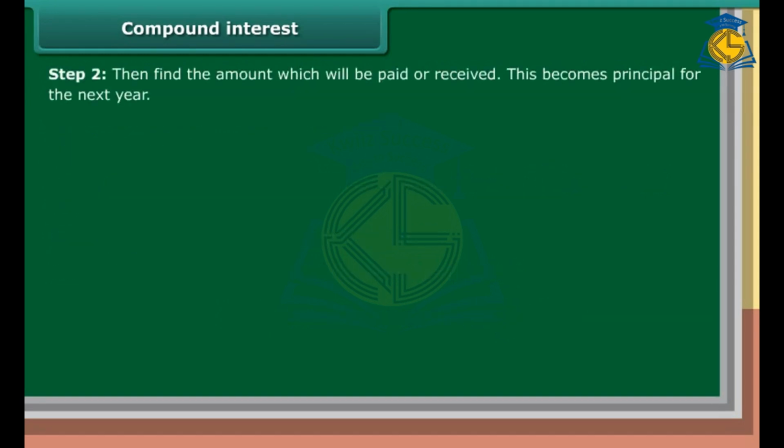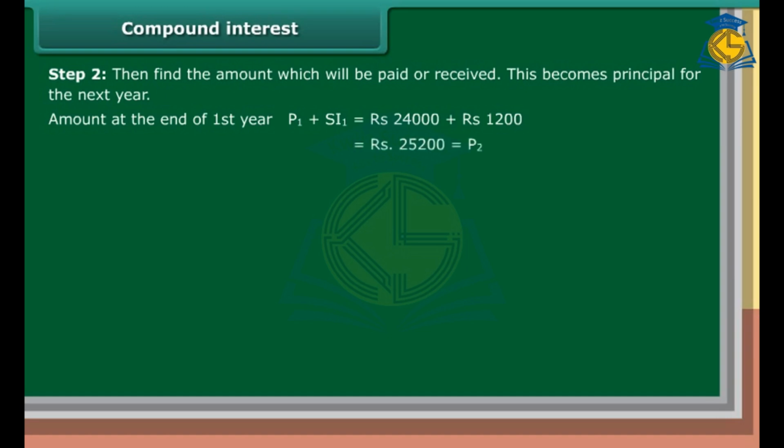Step 2. Then find the amount which will be paid or received. This becomes principal for the next year. Amount at the end of first year is equal to P1 plus SI1 is equal to rupees 24,000 plus rupees 1200 is equal to rupees 25,200 is equal to P2. Step 3.